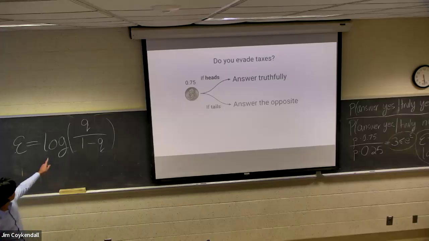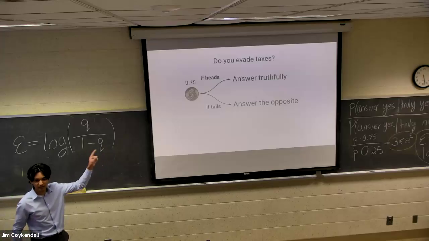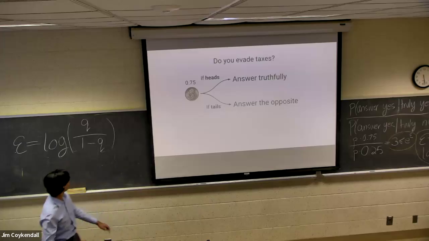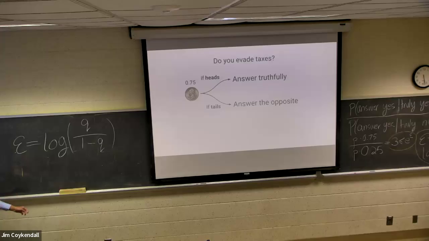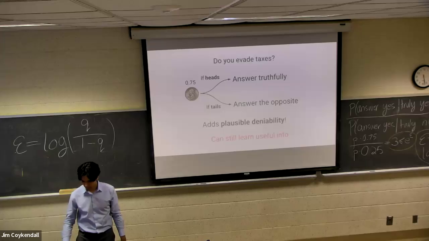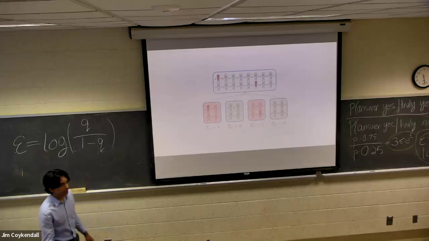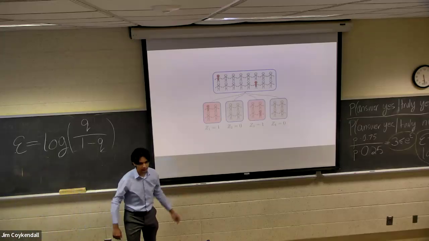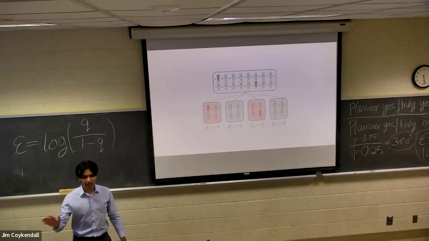So I derived a similar bound for group testing, which is actually a surprisingly related concept to this. You can illustrate it in a similar diagram. So I derived a privacy bound analogous to this. It's significantly more complicated. But after that, I derived optimal pool sizes and ways you can perturb these pool test results to achieve a level of privacy.